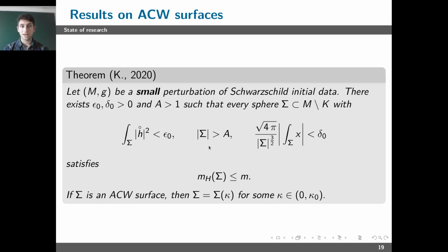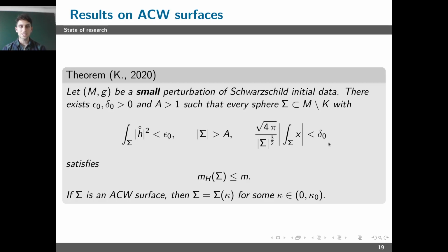I also required that the surface has large area, which is the assumption replacing large volume, and then I also had this additional technical assumption that if you rescale this sphere to unit area, then its barycenter is very close to the origin in the asymptotically flat chart.